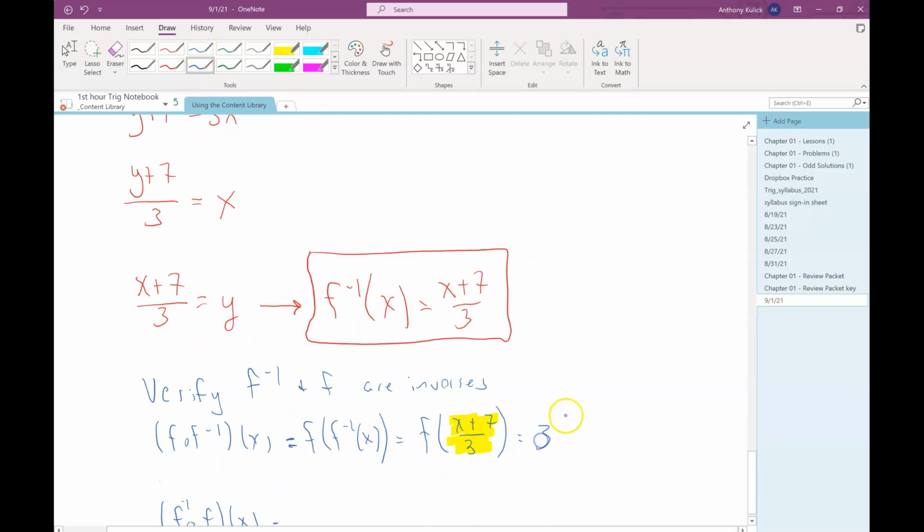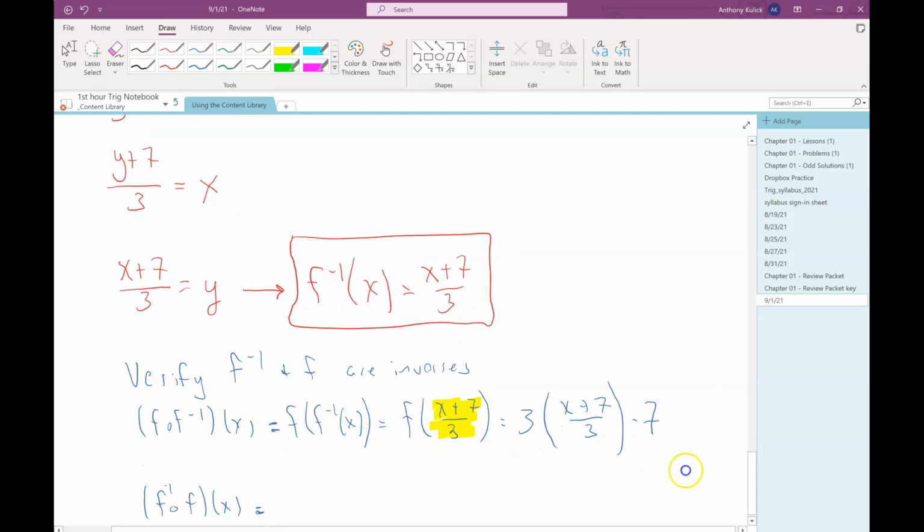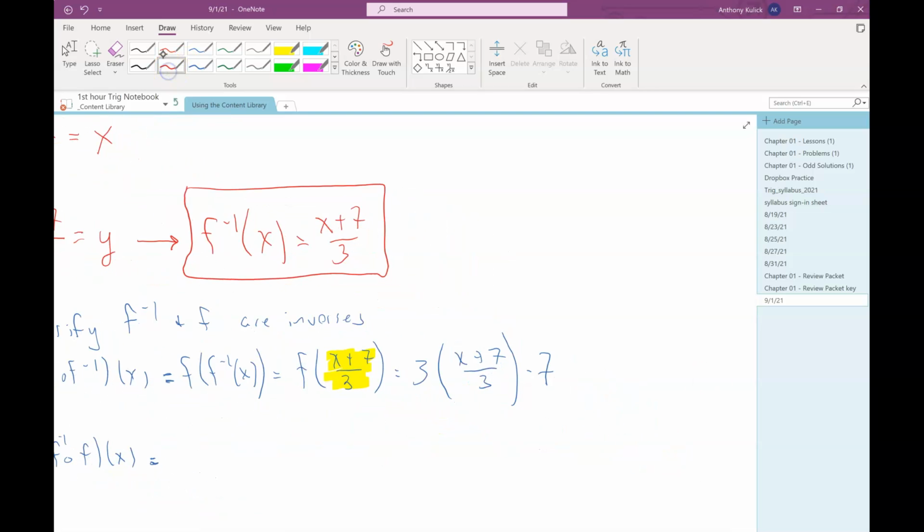I'm going to have a 3, and then instead of x, I'm going to write x plus 7 over 3, and then I have my minus 7. So now all I need to do is simplify. I have a times 3 and a divides by 3, so those will cancel out. I have a plus 7 and a minus 7. Those will cancel out. And I'm left with x.